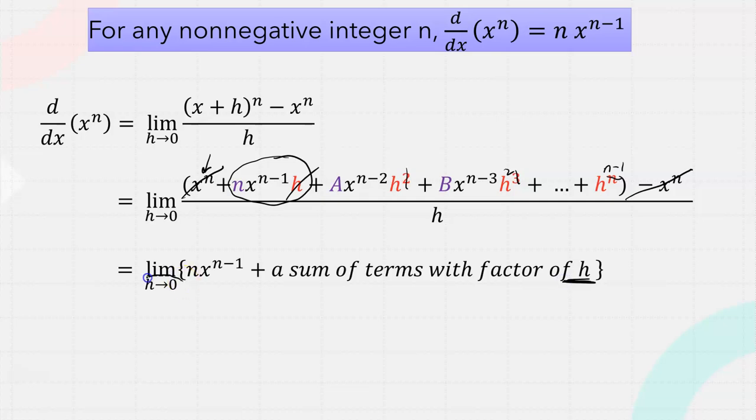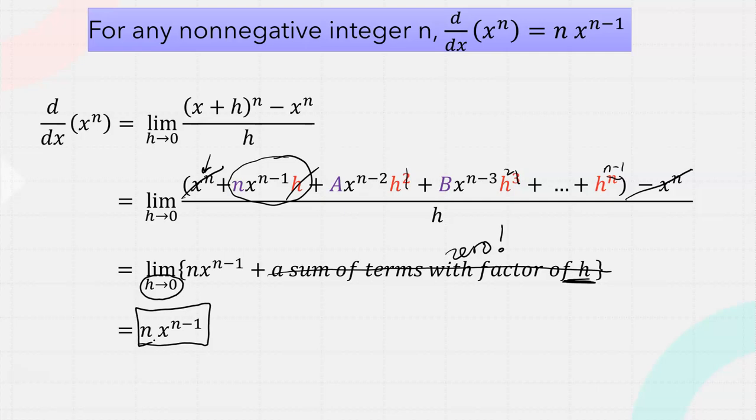So what happened is when you are taking the limit as h goes to 0, all of these things right here are going to go to 0. So that just leaves you with n x to the n minus 1. And that is how the power rule works.